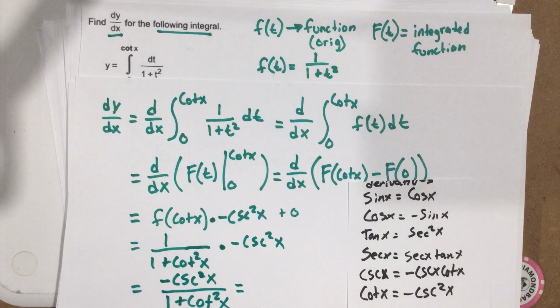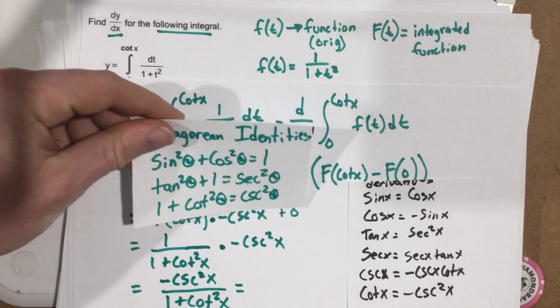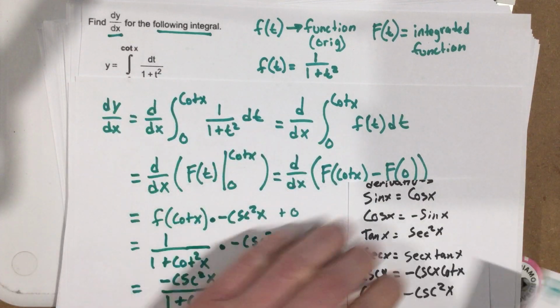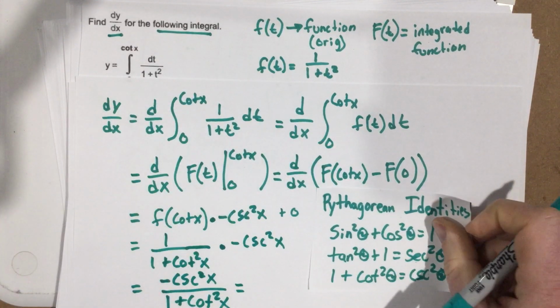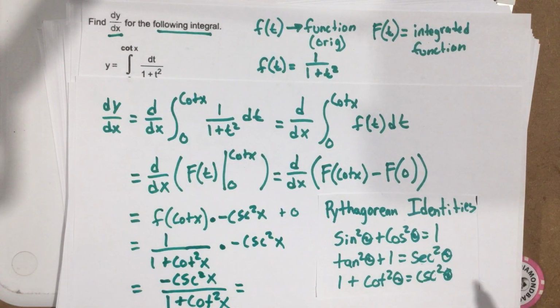And then something awesome happens here. If we come back to our Pythagorean identities, we can see that 1 plus cotangent squared is cosecant squared. So 1 plus cotangent squared x here is actually cosecant squared x.